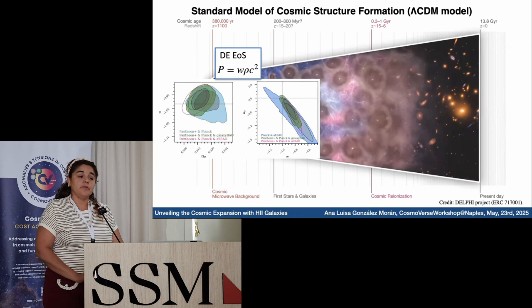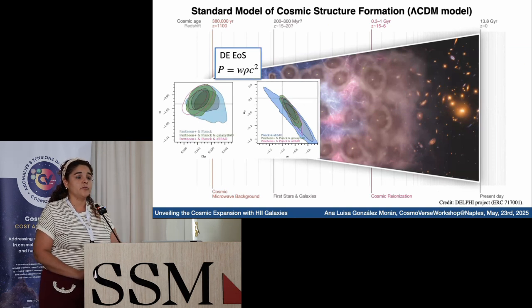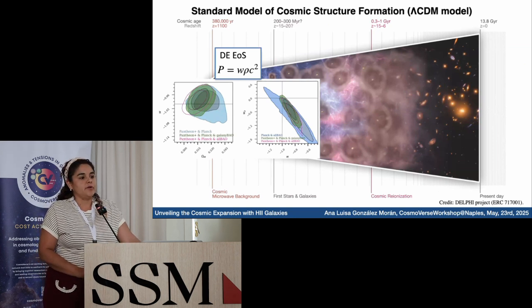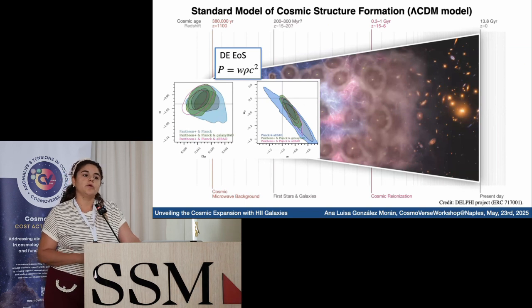And the cosmological parameters, for example the matter density parameter, omega m, or the w parameter, which correlates the pressure with the mass energy density parameter, are obtained when we combine low redshift results given by supernovae and baryonic acoustic oscillations with very, very high redshift results given by the CMB.